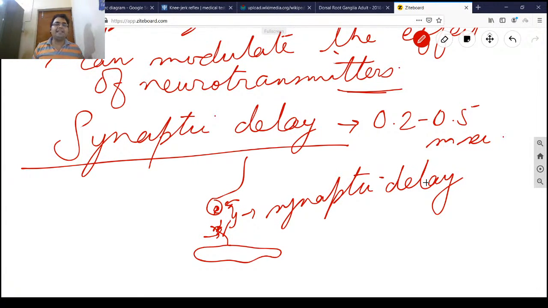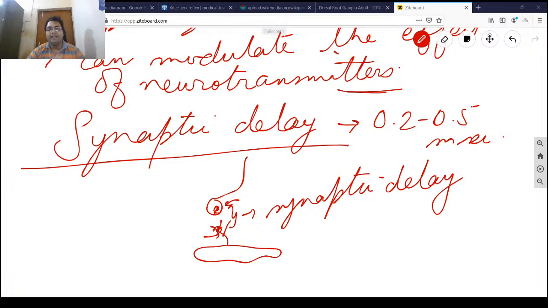So only some nanoseconds or microseconds are spent there. Most of the delay reflects the time involved in calcium ion influx and neurotransmitter release, not neurotransmitter diffusion, because the synaptic cleft is very narrow and neurotransmitters diffuse in very little time at very high speed.